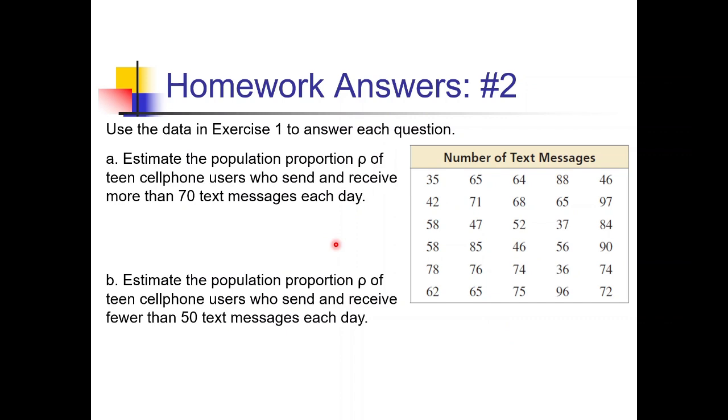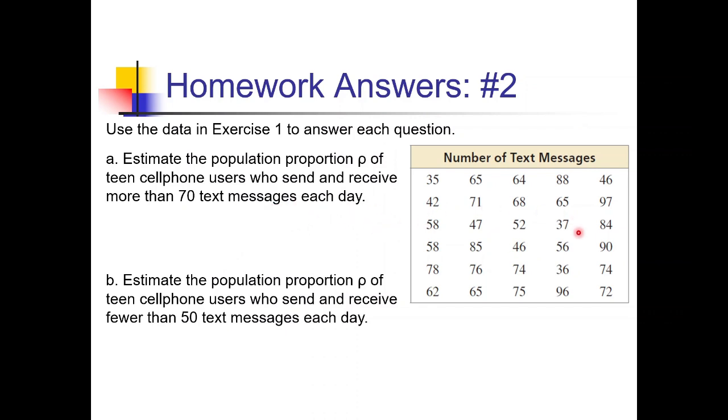On this question, they want us to use the data on text messages back in question 1, and then we want to estimate the population proportion, rho, of teen cell phone users who send and receive more than 70 text messages a day. And then we want to do the same thing for those who receive fewer than 50 a day. So let's do the 70 first, part A here.